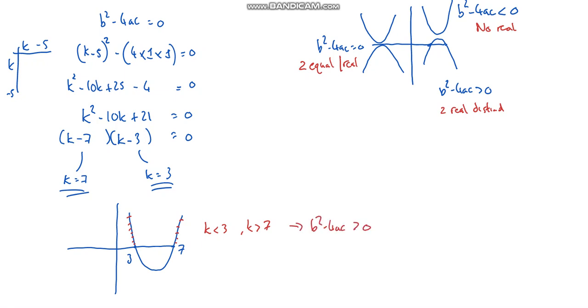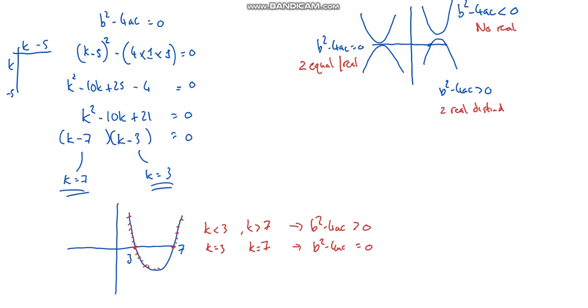So that would give me real roots, two real and distinct roots. I looked at the value here, where k is equal to 3, and k is equal to 7, which is when b squared minus 4ac is equal to 0, which is your two equal and real roots.